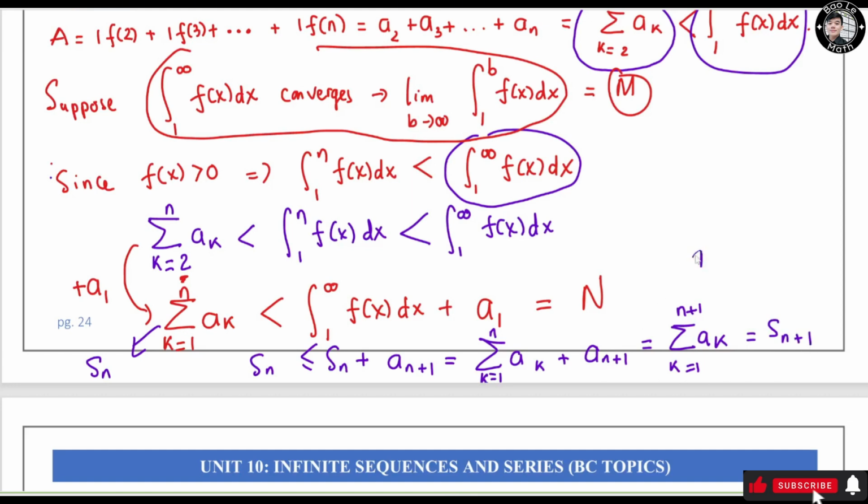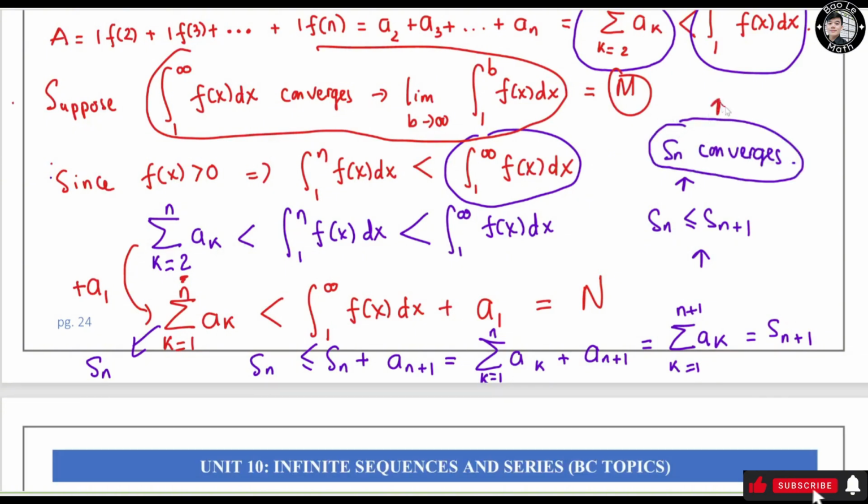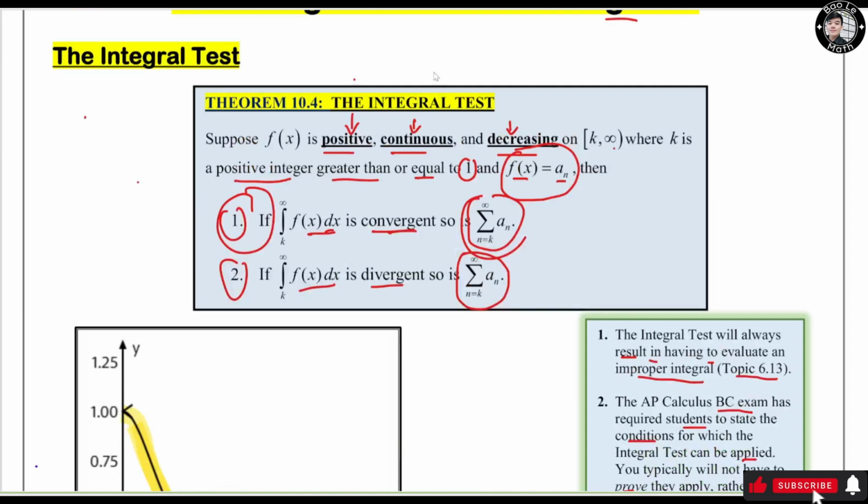So we just proved that S sub n is less than or equal to S sub n plus 1, right? It tells us that S sub n converges. So the series a sub n when n goes from 1 to infinity also converges, right? And the first one has been proved, right?